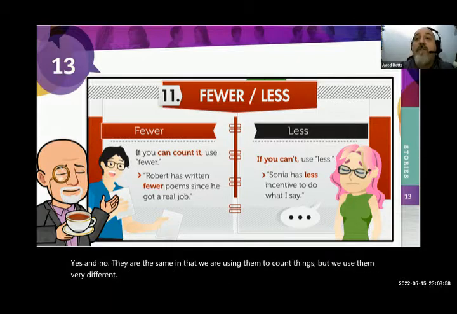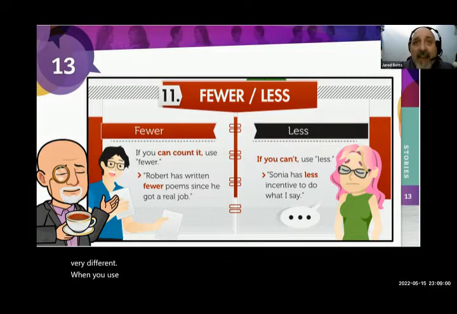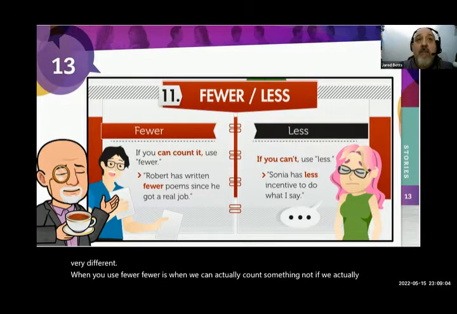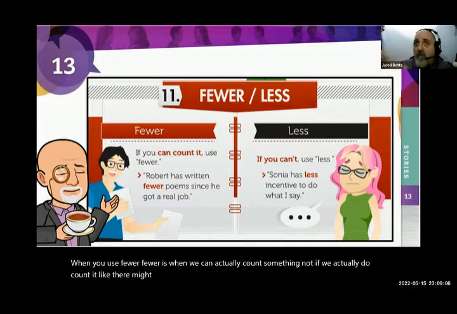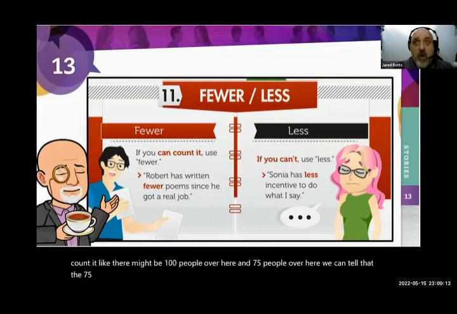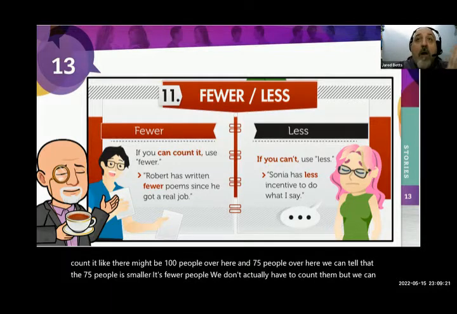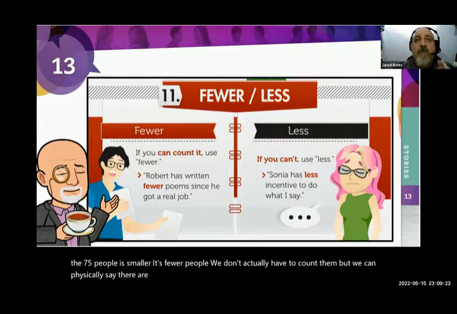When you use fewer is when we can actually count something, not if we actually do count it. Like there might be 100 people over here and 75 people over here. We can tell that the 75 people is smaller. It's fewer people. We don't actually have to count them, but we can physically say there are fewer people here.